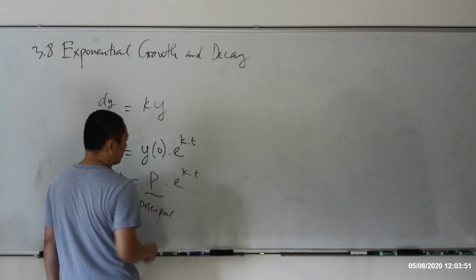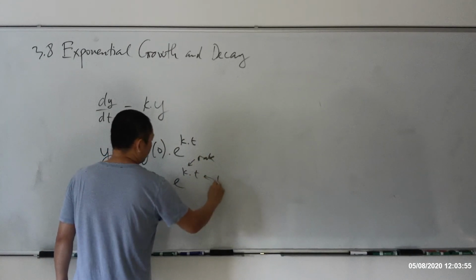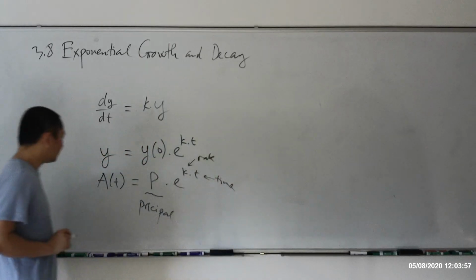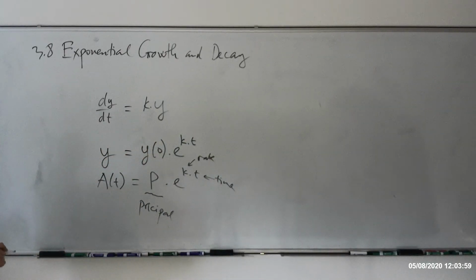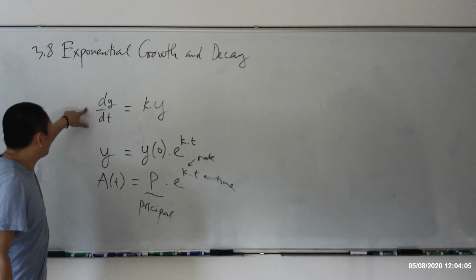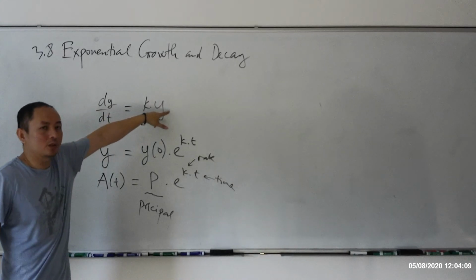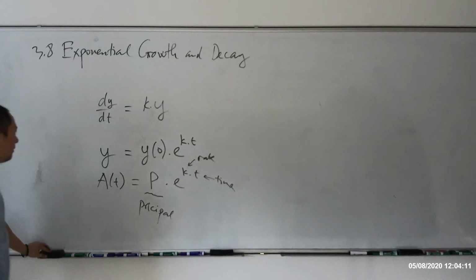E is a constant already, k is the rate, and t is the time. So the question is, how do we get from here to here? The differential equation shows that the rate of change is proportional to the value.